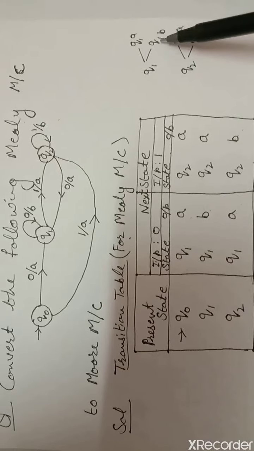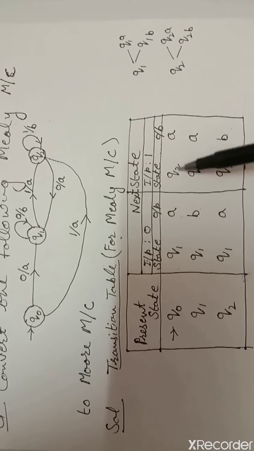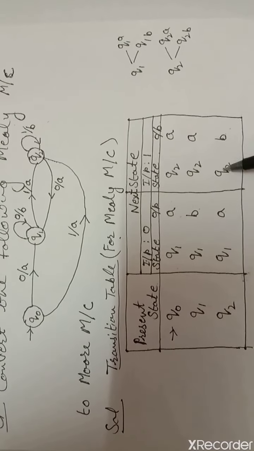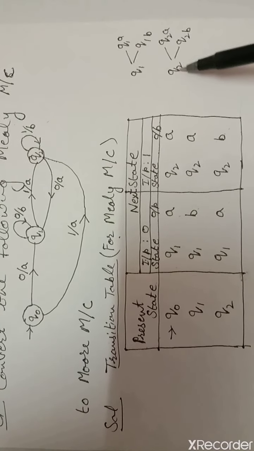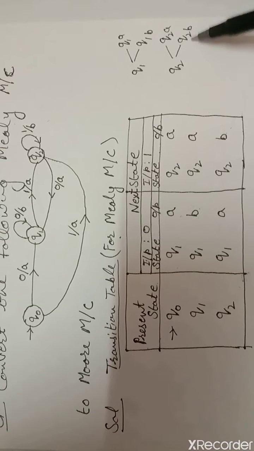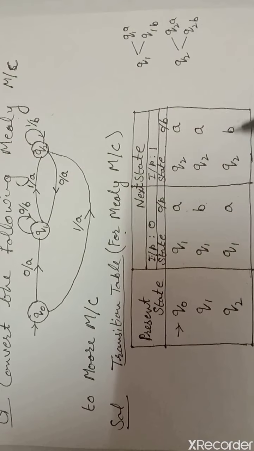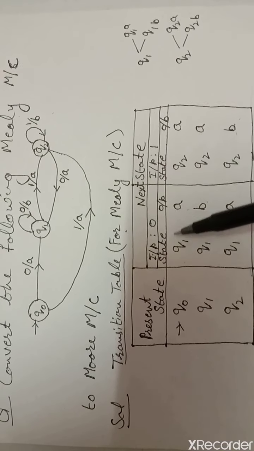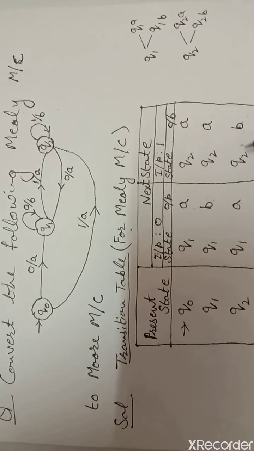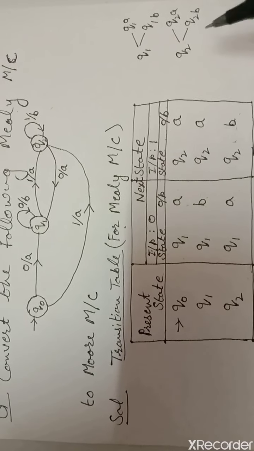One with output A and another one with output B. Now for Q2, again you can see there are 2 different outputs A and B. So we have to split Q2 again into 2 different states, Q2 with output A, Q2 with output B. And in these 2 columns, we don't have Q0. It means Q0 produces output nil or 0.